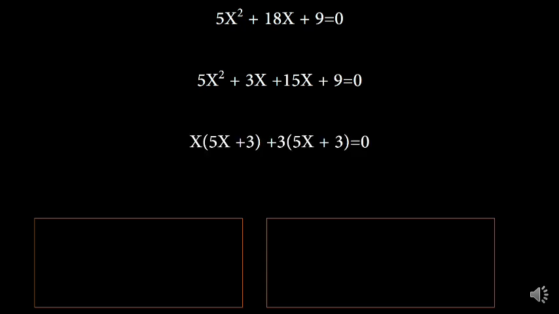For 5x squared plus 3x, the greatest common factor is x. So I'll bring it out of the bracket. That can be written as x open bracket 5x plus 3 close bracket. Then for 15x plus 9, the greatest common factor is 3. So that is plus 3 open bracket 5x plus 3 close bracket is equal to 0.